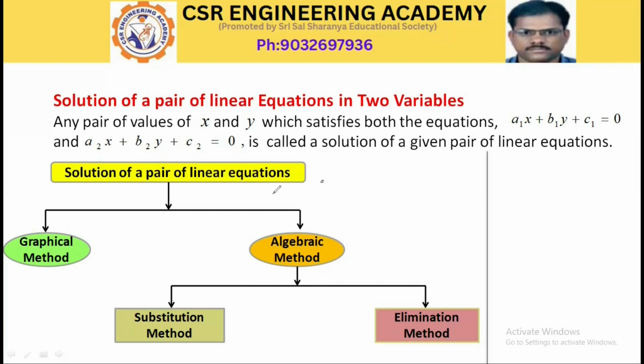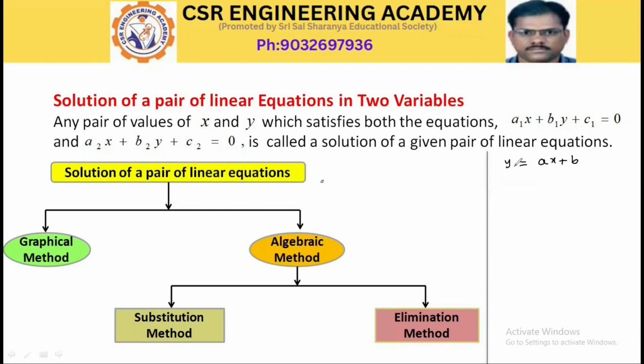First method, graphical method. Here, express one variable, say y, in terms of the other variable x: y = ax + b for the given equation. Take at least two values of the independent variable x and find the corresponding values of the dependent variable y.